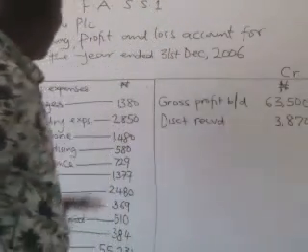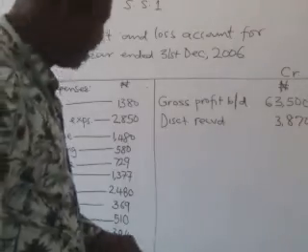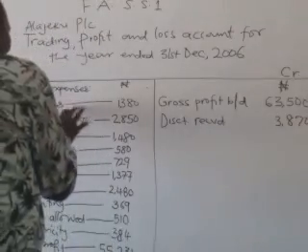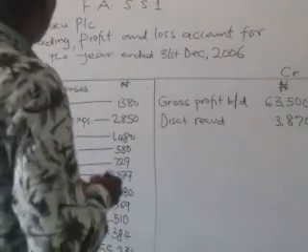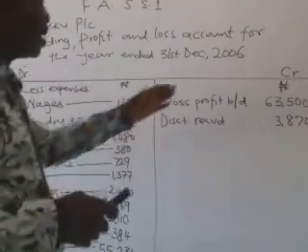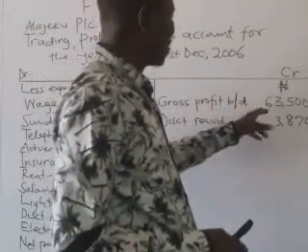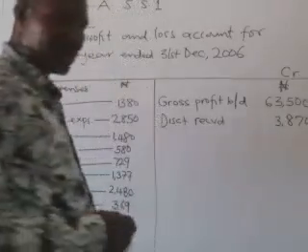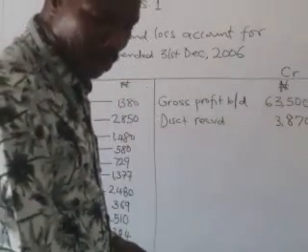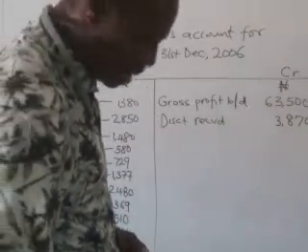But now we are going into the P&L account. Mind you, in our last class, when we treated the trading account, we got the gross profit as 63,500 naira. Now, all the expenses will be charged against the gross profit. Let's start with the first one here.